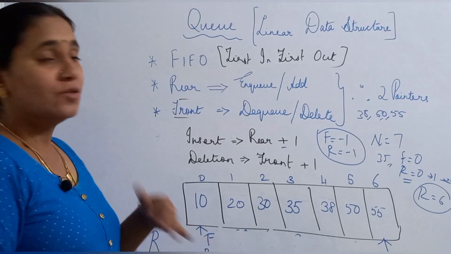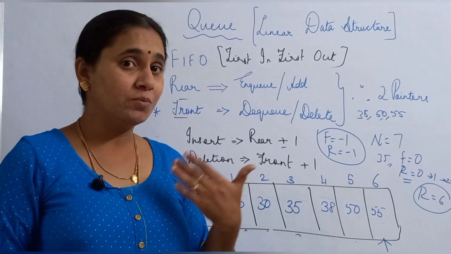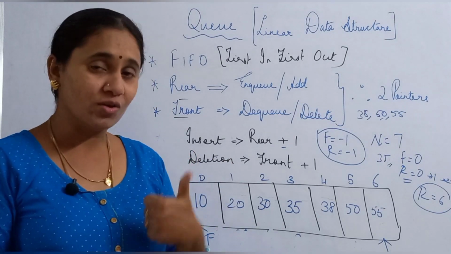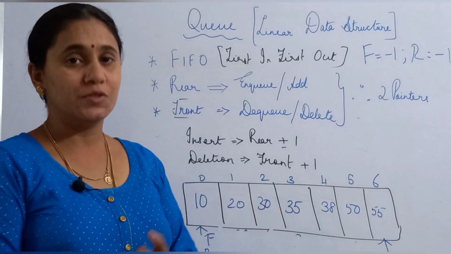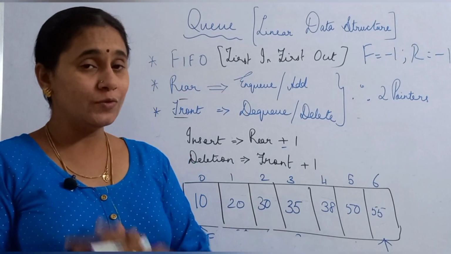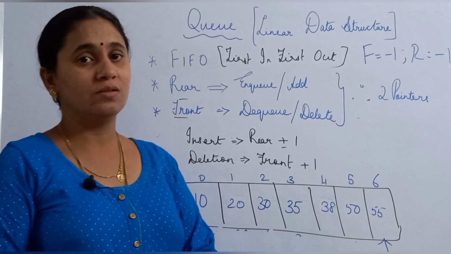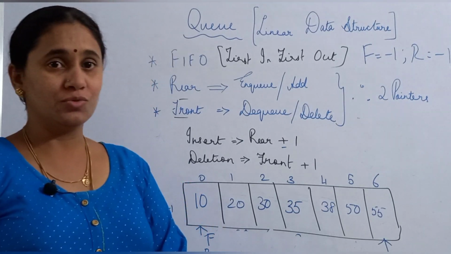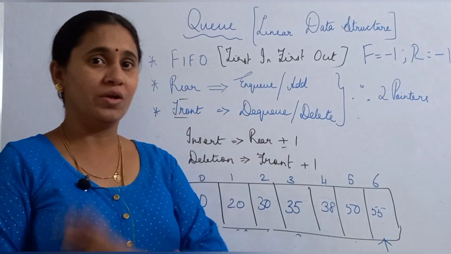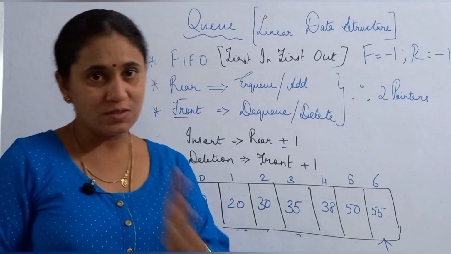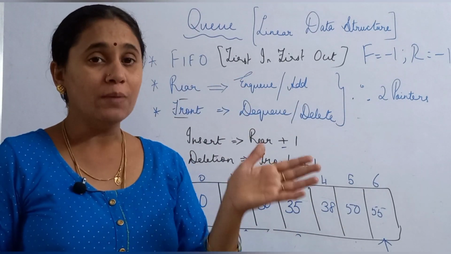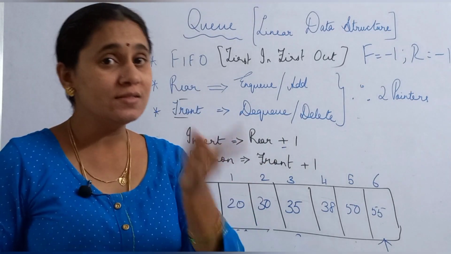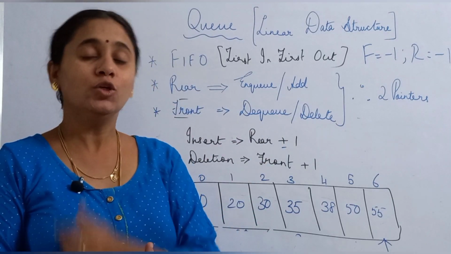Okay friends, so now shall we perform the deletion operation? We are going to delete the elements from the queue. Since we are moving to the deletion operation, which pointer must I use? I must use the front pointer, because as the people who have got the ticket keep leaving, I must make the next person the first one to leave, isn't it?